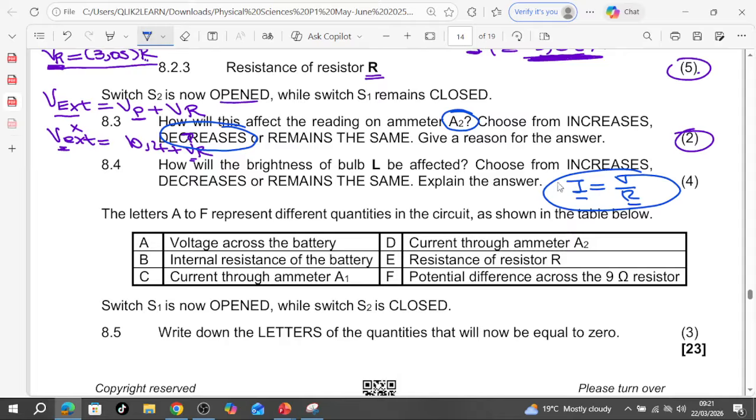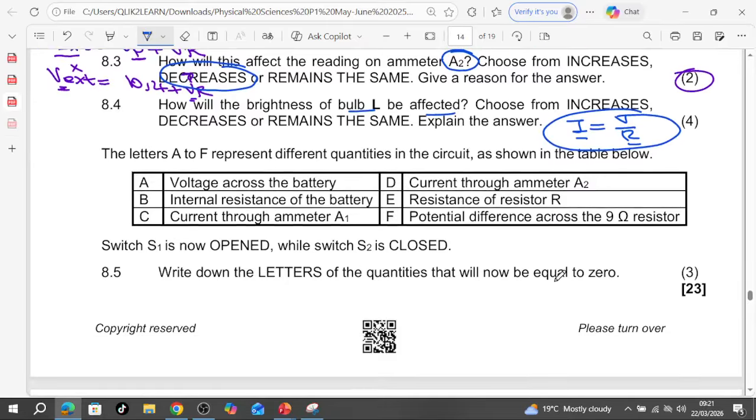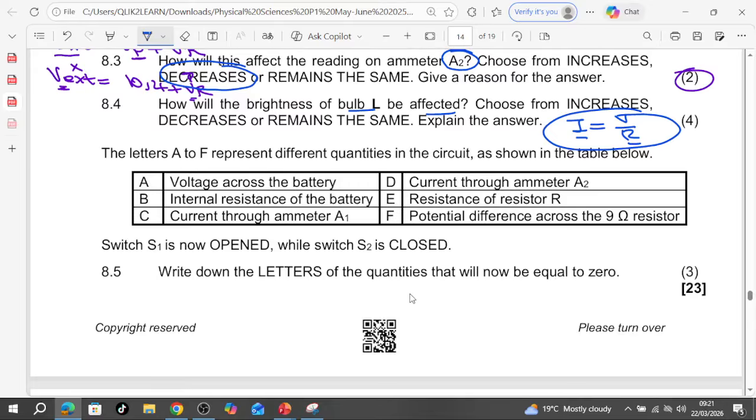How will the brightness of the bulb be affected by opening S2? This has to do with power, because now we are talking about brightness. So the brightness depends on power. So let's write that down.